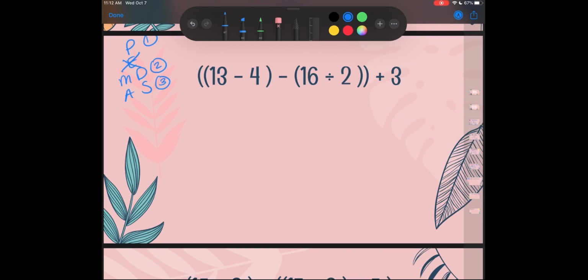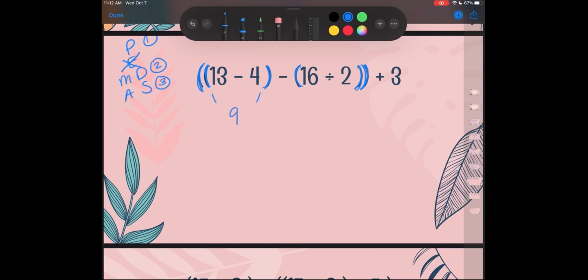All right. So let's look at our problem. My first step is always parentheses. I've got this whole group of parentheses, right? But in that, I've got even more parentheses, so I'm going to do my innermost parentheses first. I've got 13 minus 4, and then I've got 16 divided by 2.